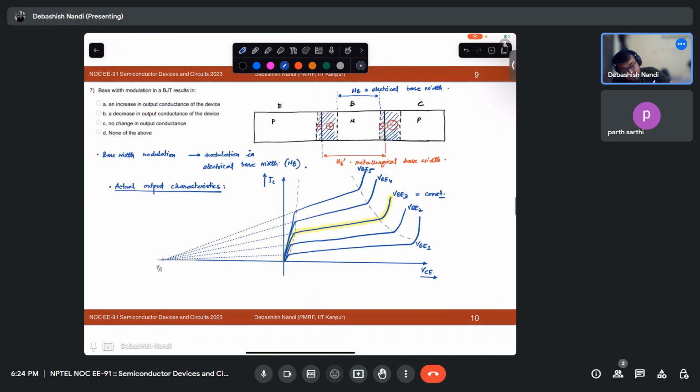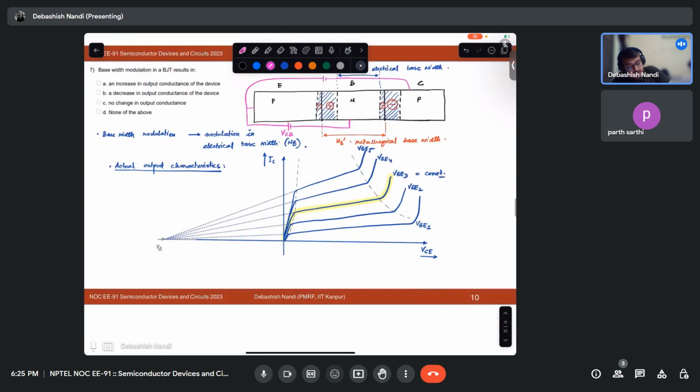So first note that your bias is something like that. This is your VBE, or let me do the nomenclature as VEB, and this is VEC. This is for PNP, and I am drawing this for NPN; you can just invert the signs.